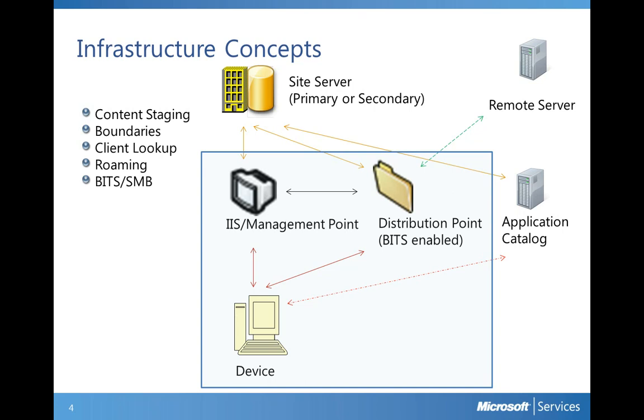If we have a laptop that is assigned to primary site A, then by that assignment it's going to learn what its management point is. That will be its default management point, or its assigned management point. That assigned management point will never change. We will always go to the assigned management point to get policy and instructions.